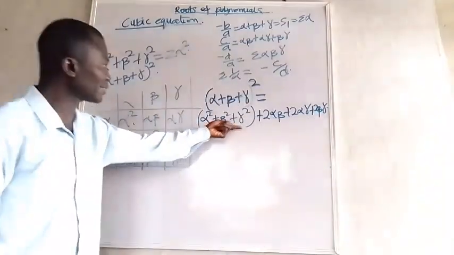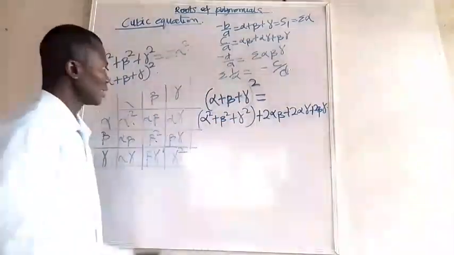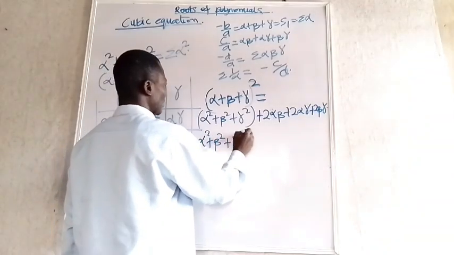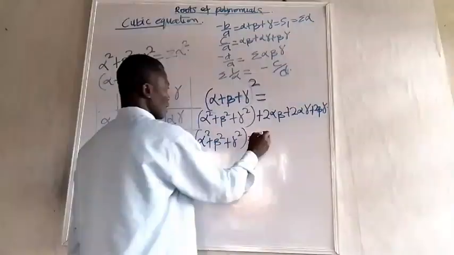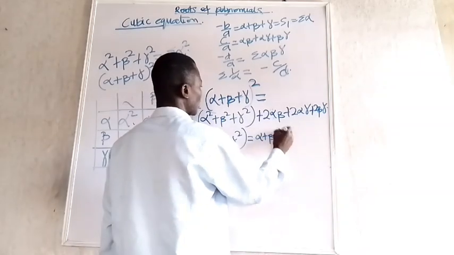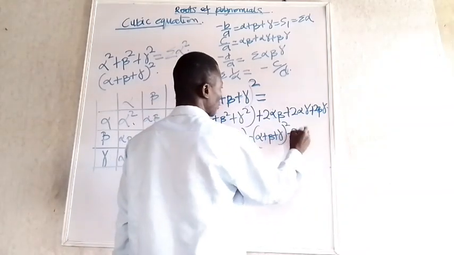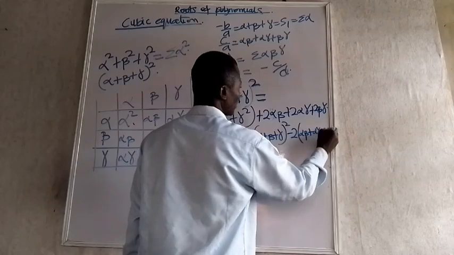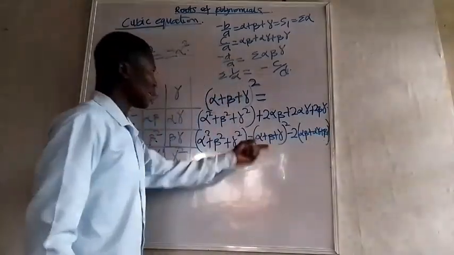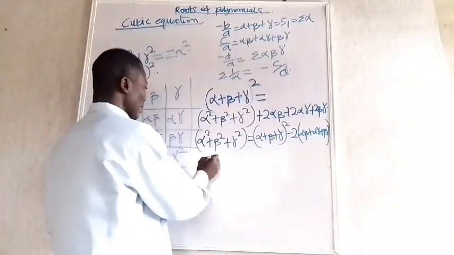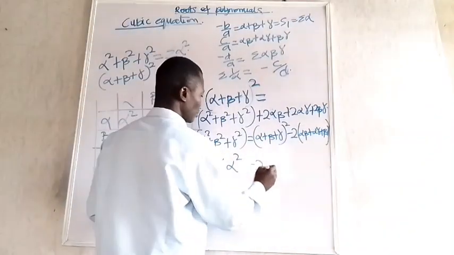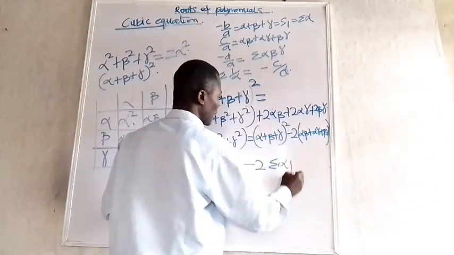So I can easily find this because I know this. Therefore, alpha squared plus beta squared plus gamma squared is equal to alpha plus beta plus gamma all squared minus 2 into alpha beta plus alpha gamma plus beta gamma. And we know what alpha plus beta plus gamma is. That is summation alpha squared minus 2 summation alpha beta.